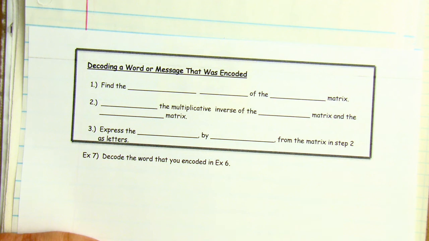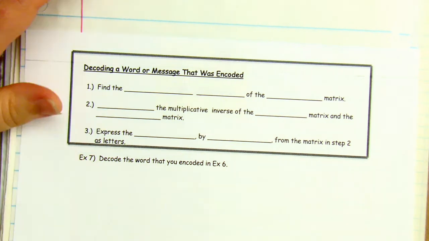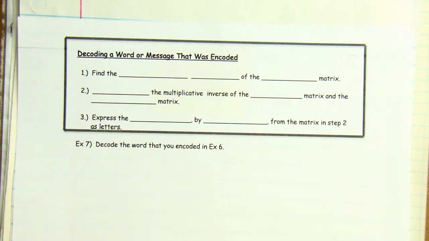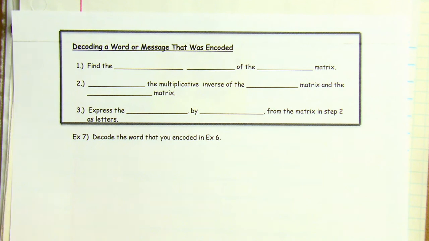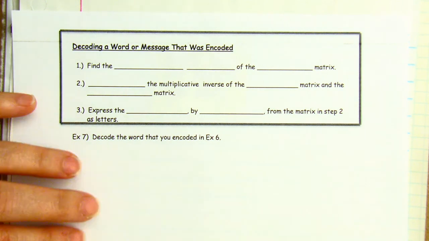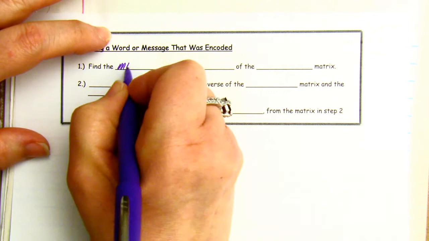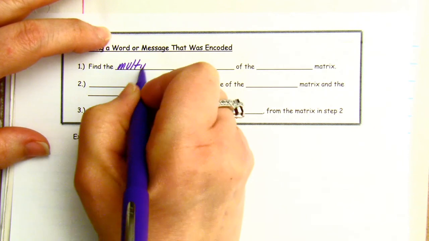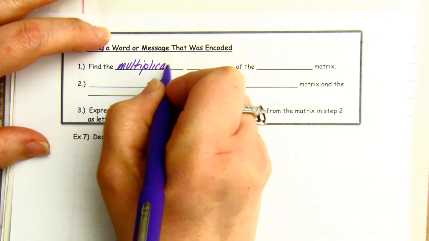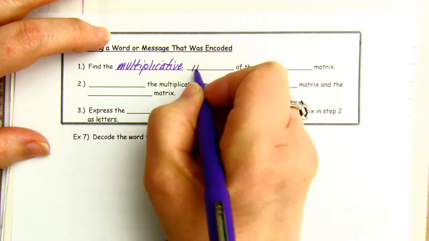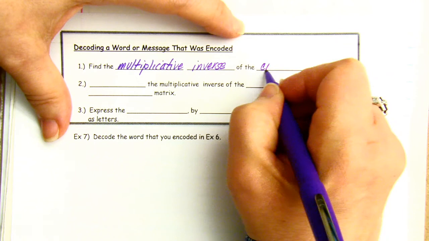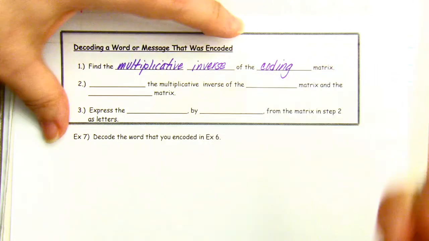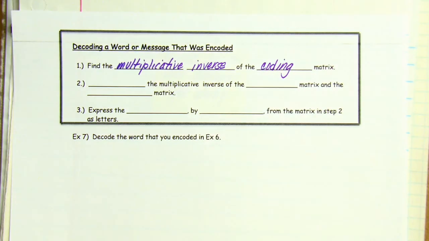All right, decoding a word or a message that was encoded. So now we're going to want to, and this is what your quiz is going to be on, you're going to decode a message. Find the multiplicative inverse of the coding matrix. You will have to be given the coding matrix.